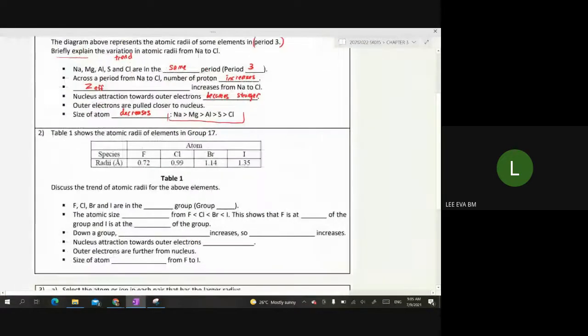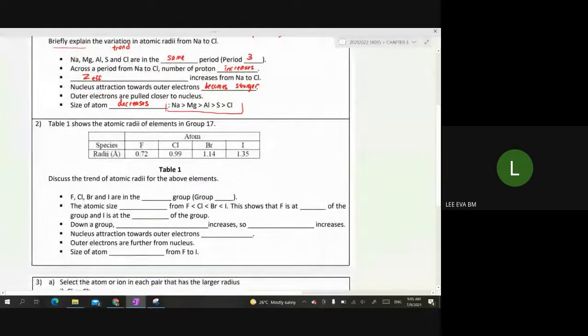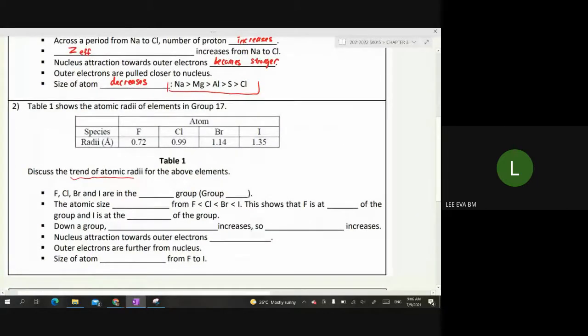Alright, question number 2. Table 1 shows the atomic radii of elements in group 17: fluorine, chlorine, bromine, iodine. So we know this has something to do with down the group. Discuss the trend of atomic radii for the above elements. Fluorine, chlorine, bromine, iodine are in the same group. Which group? Group 17. Well done. Atomic size increases or decreases?